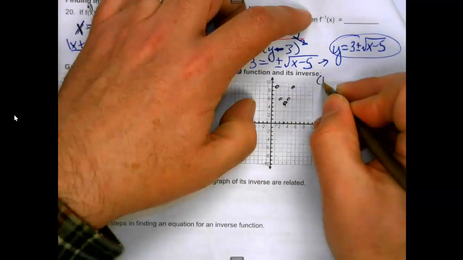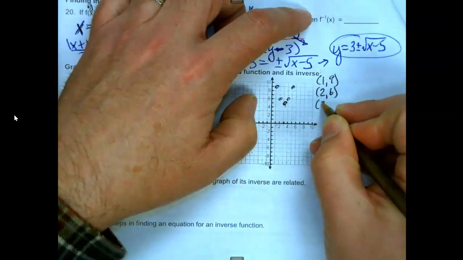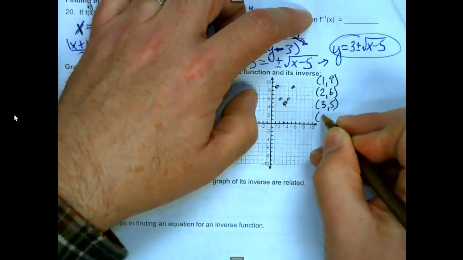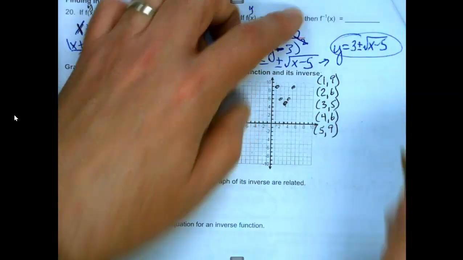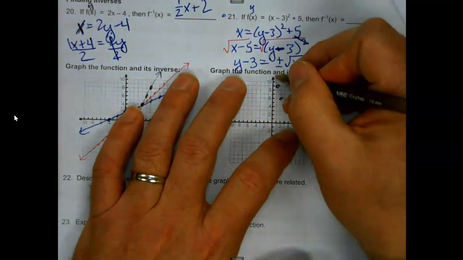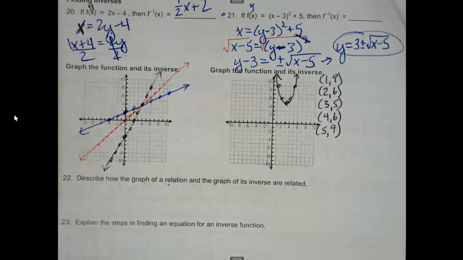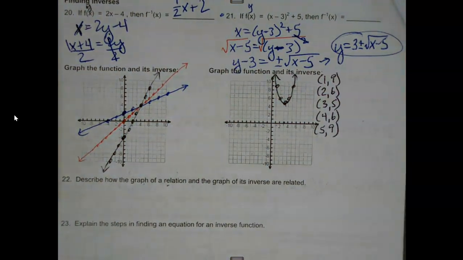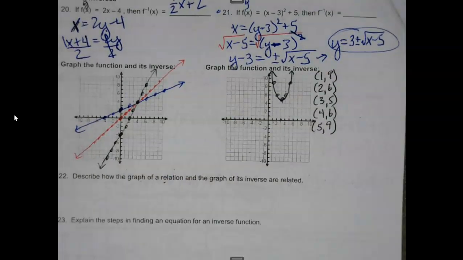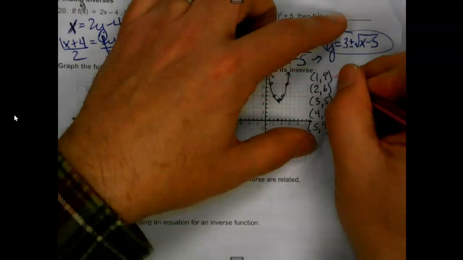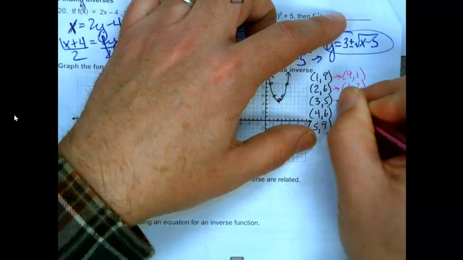Here's what I'm going to tell you. This is just an extra little tool to have in the toolbox just in case. Now, could I do the inverse on the calculator? Absolutely. 100%. But check this out. This is going to save me a lot of calculator button pressing. Since this is its inverse, I should be able to take those 5 points, invert them. In other words, flip the x and the y around.